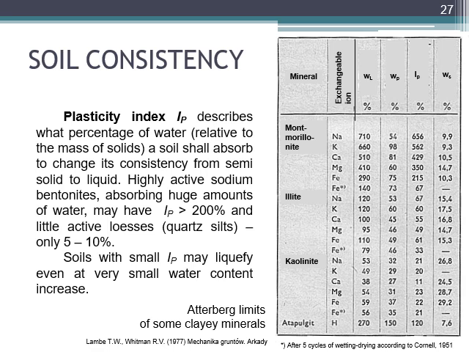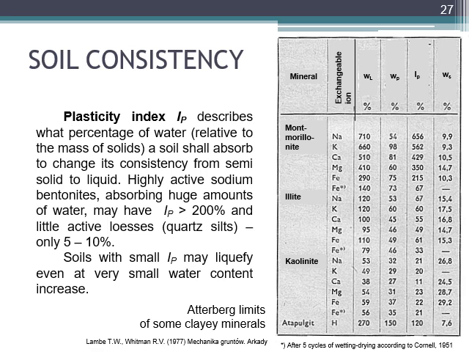So the plasticity index depends very strongly on the mineral composition of soil. Soils with small plasticity index may liquefy even at very small water content increase, because it is not much water content change necessary to dramatically change the soil consistency.